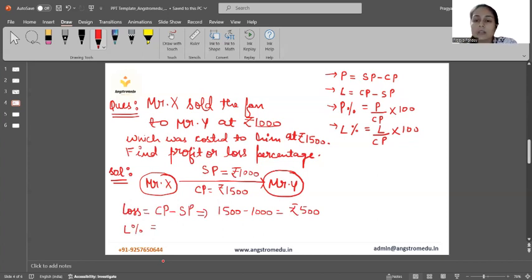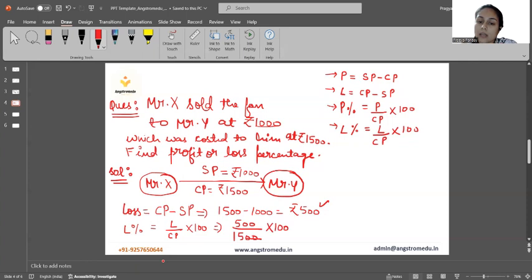The formula to calculate loss percentage is loss upon CP into 100, which will be 500, because we have calculated the loss, upon the cost price 1500, multiplied by 100.